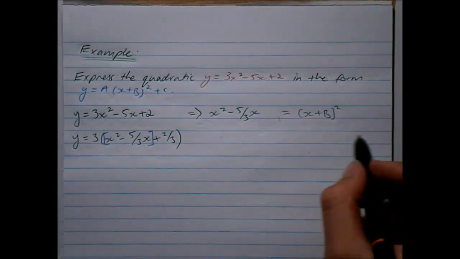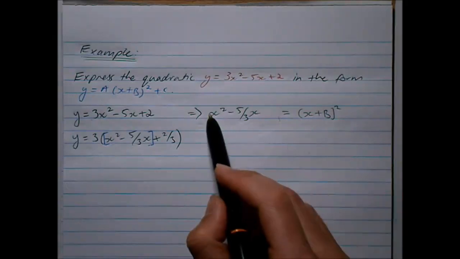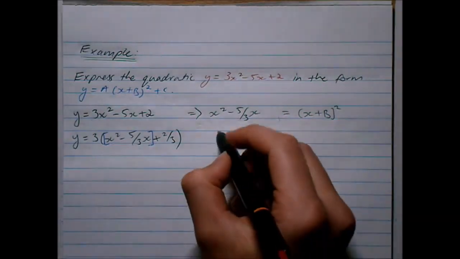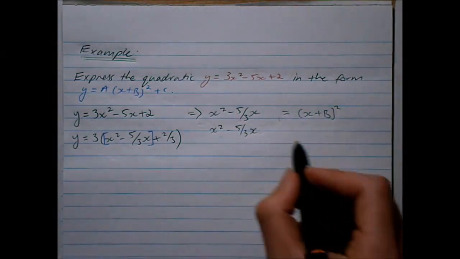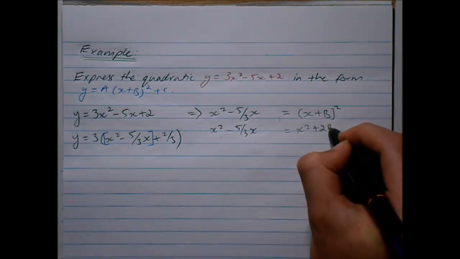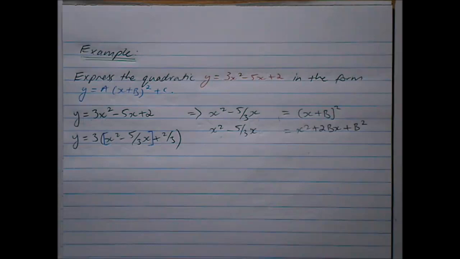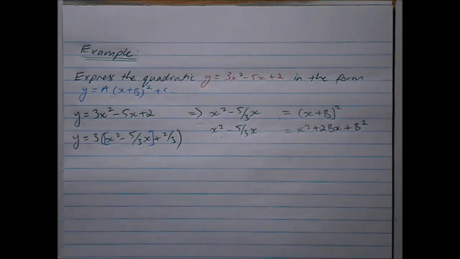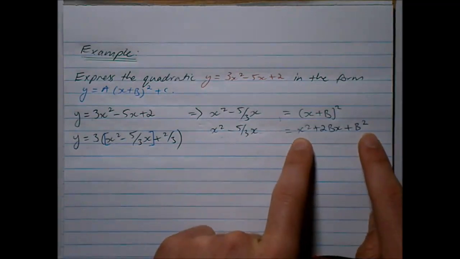So our next step is just to expand this (x plus b) squared term out so that we get a quadratic that looks similar to this. So keep our left-hand side the same, x squared minus 5 on 3x with our gap, is equal to x squared plus 2bx plus b squared. And what this now allows us to do is compare our left-hand side to the right-hand side.